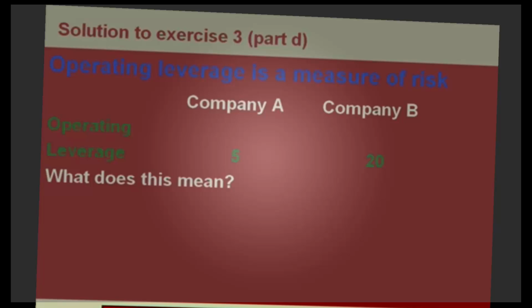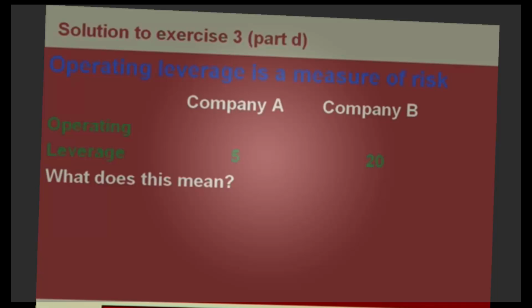As I said before, operating leverage is a measure of risk. Look at the screen in front of you. It's a difficult concept to explain, but let me explain it this way. You have two companies, A and B. Company A has an operating leverage of 5. Company B has an operating leverage of 20.